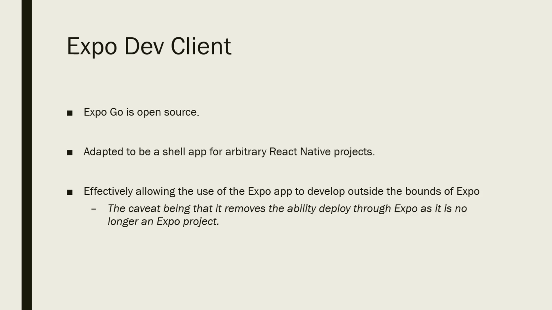It allows you to use the Expo Go app to develop outside the bounds of Expo, like I say. And the caveat is that it removes a lot of the features of Expo, such as being able to deploy or test through the Expo services, Expo web services.